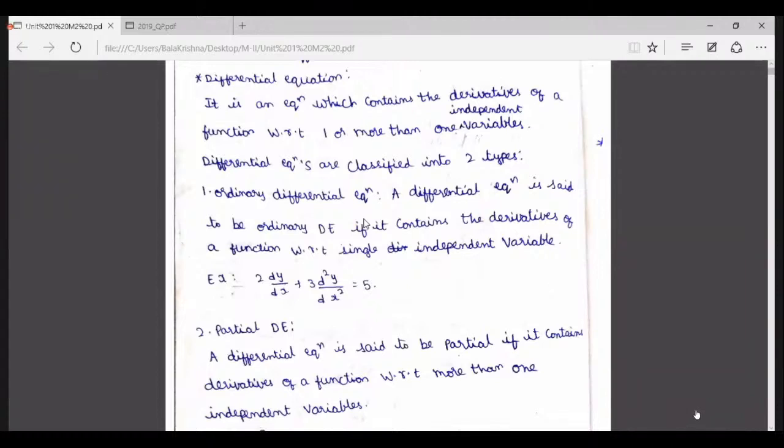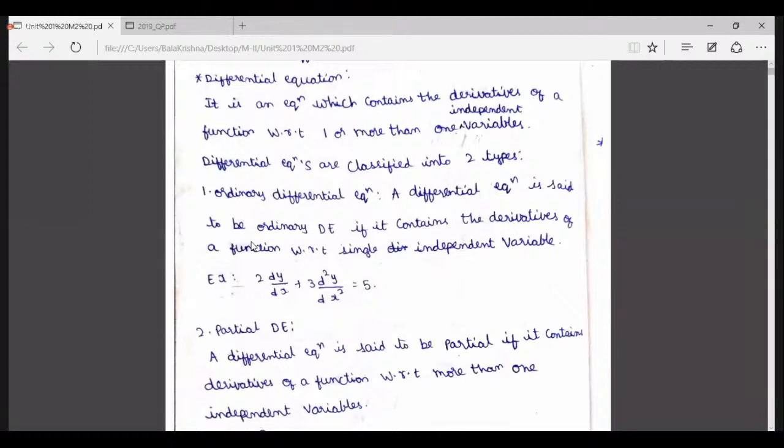In the first part, we'll be having the problems related to exact differential equations, non-exact differential equations, linear differential equation, Bernoulli differential equation, and applications of the ordinary differential equation.